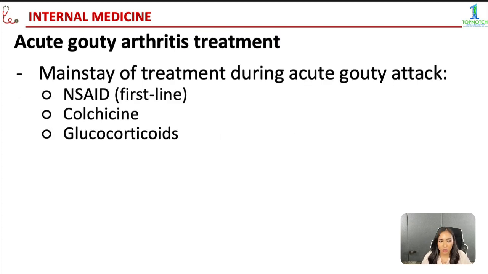Let's discuss treatment. Mainstay of treatment during an attack is NSAIDs, first line, colchicine and glucocorticoids. Remember, do not use allopurinol for acute gouty arthritis, ha? It's only for prevention and maintenance kapag nag-die down na yung flare.